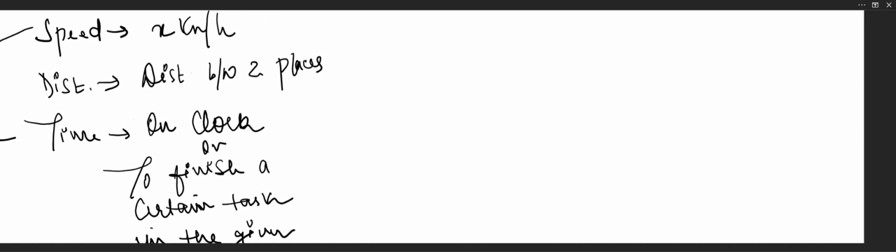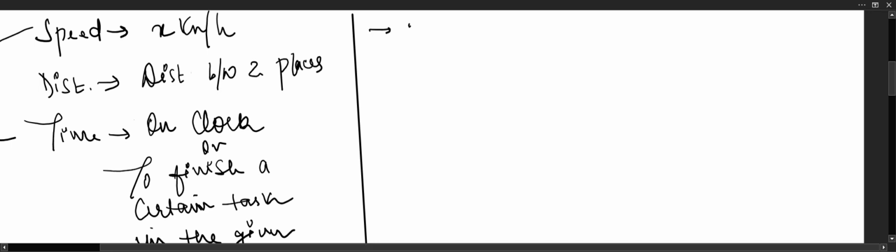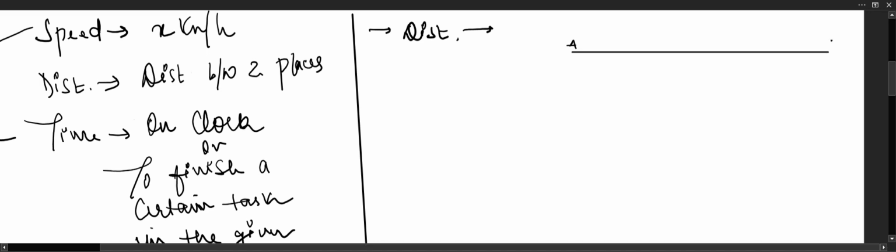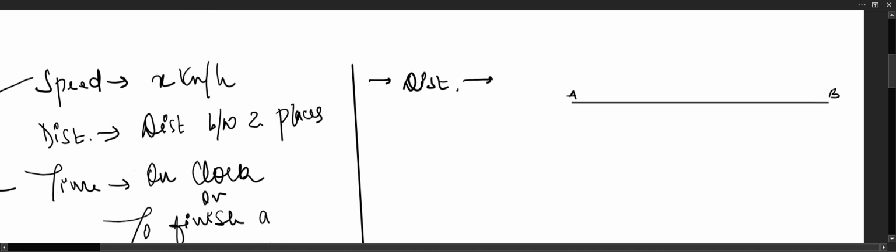Then why do we study all of them in a single chapter? So we'll first try to establish the relationship between speed, time and distance. In mathematics, when we talk about distance, let's say this is point A and this is point B. On point A, two friends, Santa and Banta, are standing.